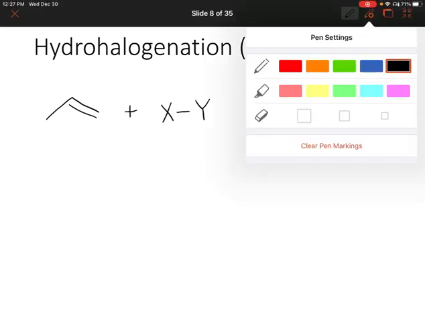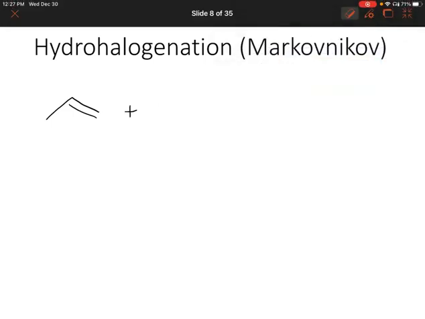So last time we saw an addition reaction where we have an alkene and we were adding a generic molecule XY across the double bond. But let's change X and Y to something more specific. So we're going to add HBr across the double bond.